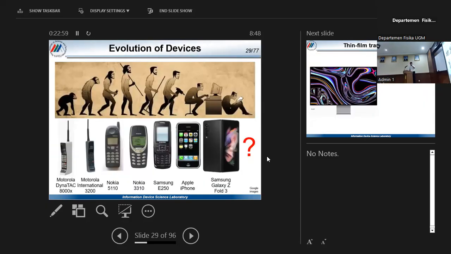I'm sorry it's quite long, but if you imagine the evolution of devices, one can only look at the phone, which is one of the most important devices that we have now. Before, this is not during my time, so I'm not that old.